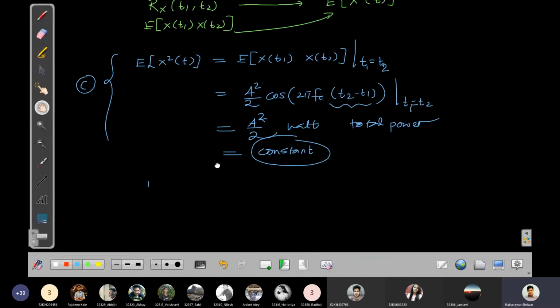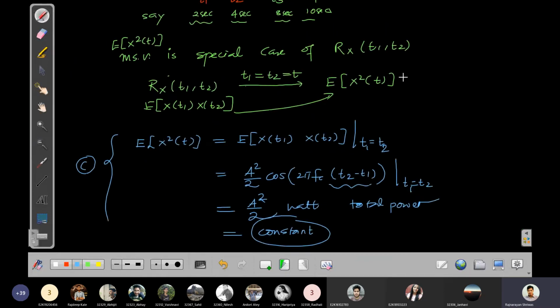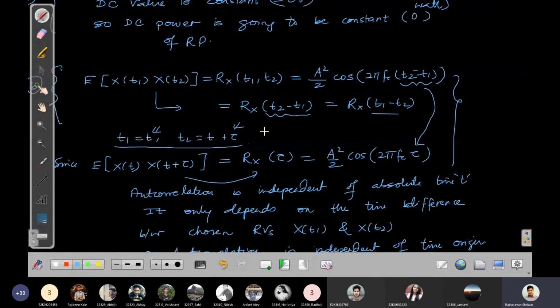So what I can say is this is simply Rx(0). Why am I saying Rx(0)? Rx is only a function of time difference, tau, Rx(tau). So when you take t1 and t2 the same, then tau has to be 0.